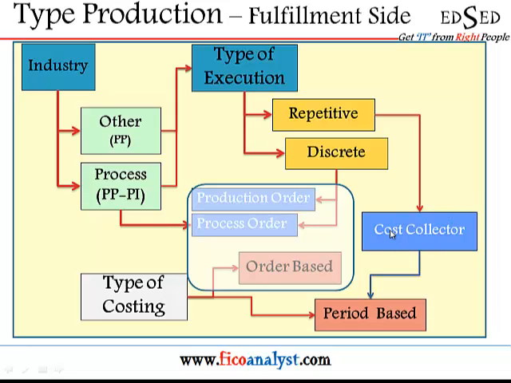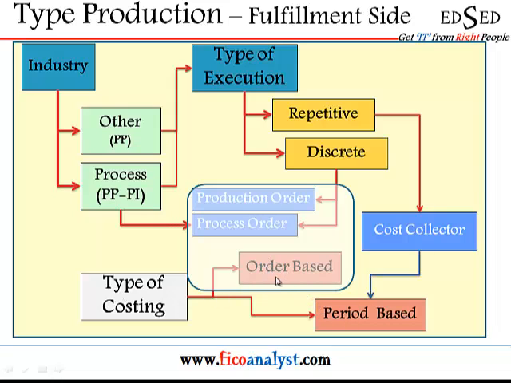The cost collector will collect all the production which is happening and use it for your month-end activities. When it comes to month-end activity, from a costing perspective, you can divide it into order-based and period-based.